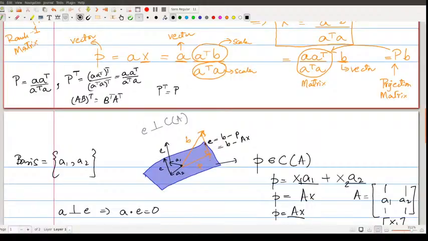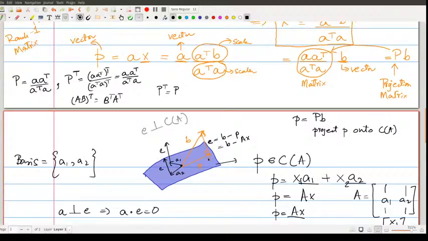And the other property that we can think about geometrically is that if I project B onto this column space once, which is p equals P times B, and I try to do another projection onto the same column space, notice that p is already in the column space. So if I try to project p onto C of A, I shouldn't really get anything different.